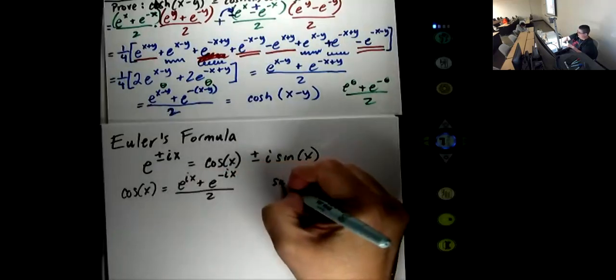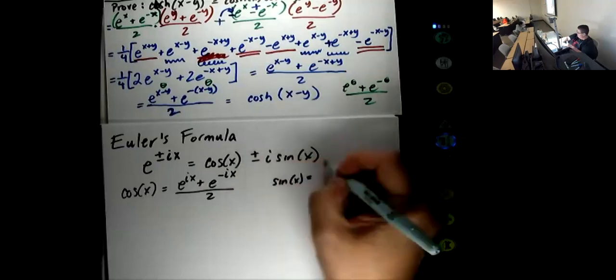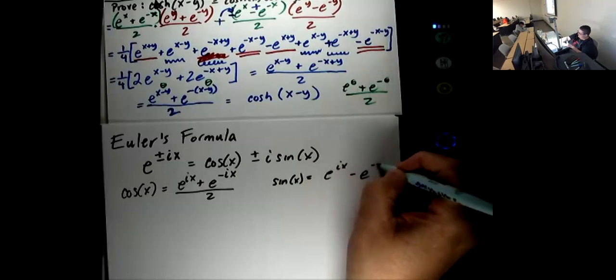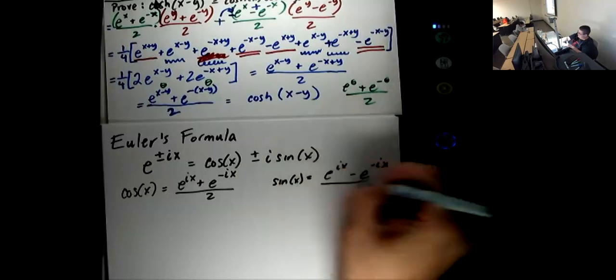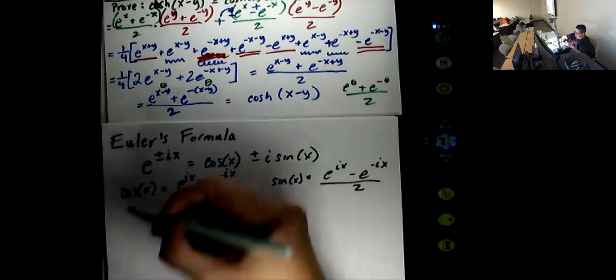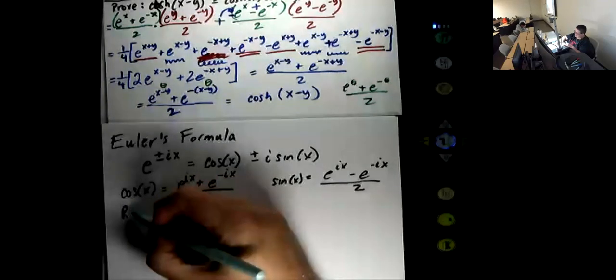And sine x is e to the ix minus e to the negative ix over 2. So it gives us a relationship between trig and complex exponents.